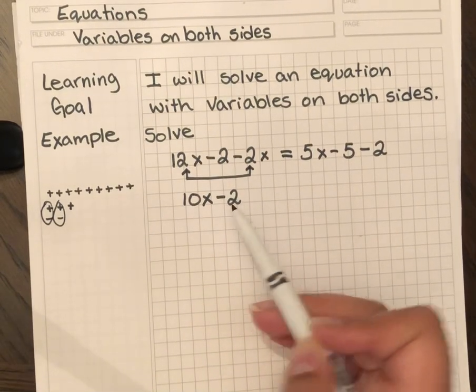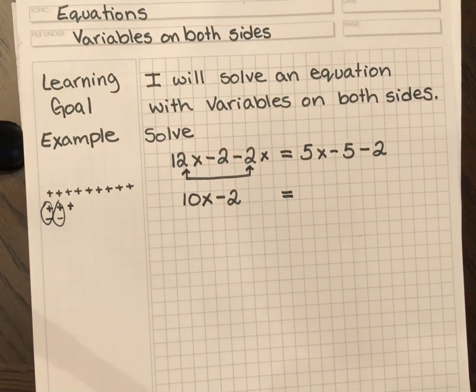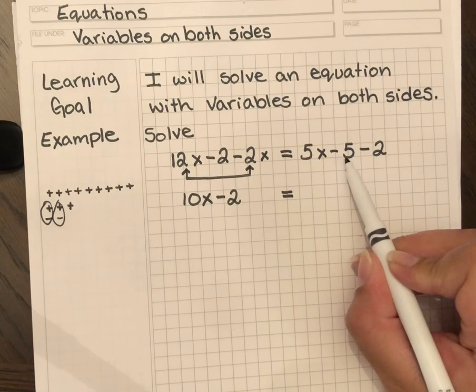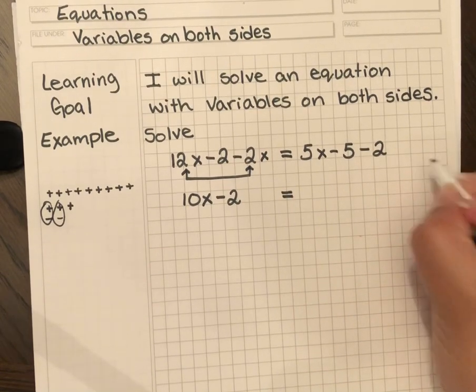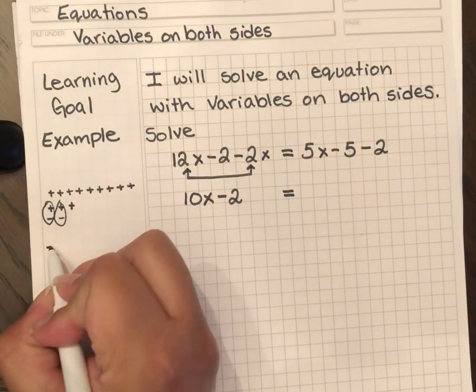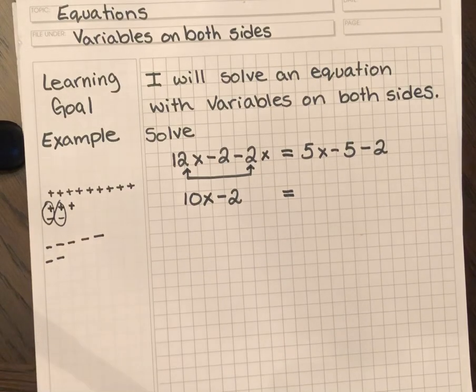Now I'm going to move over to the right. So, put my equal sign. On the right, I see that I have some units, 5 negative units and 2 negative units. So again, I'm going to do some side work: 1, 2, 3, 4, 5, and 2 more.